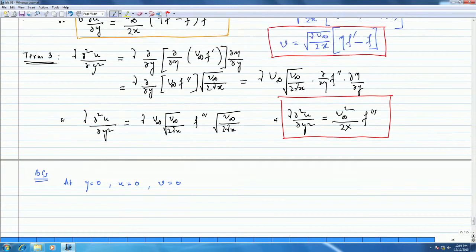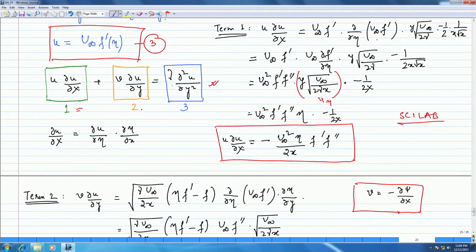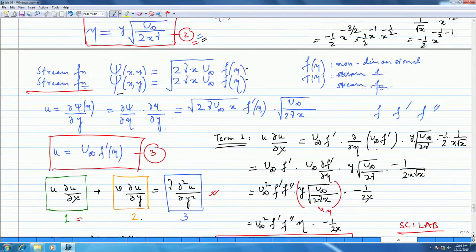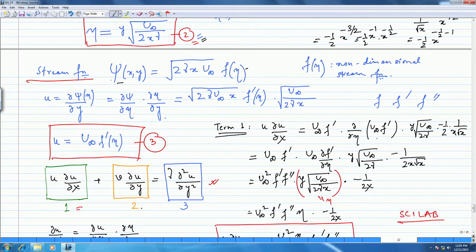Now if you see eta, this is essentially your eta, equation 2. So eta is a function of x and y and u infinity and kinematic viscosity. So eta is now given like this. What you see here is that at y is equal to 0, eta is 0. If you see here from 2, even at y is equal to 0, eta is 0.